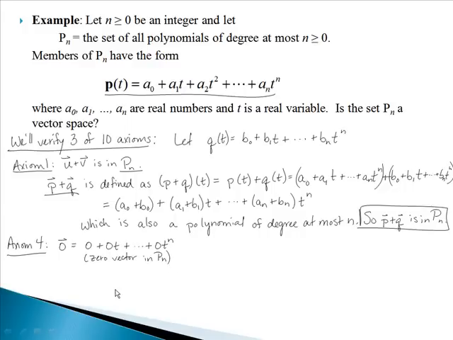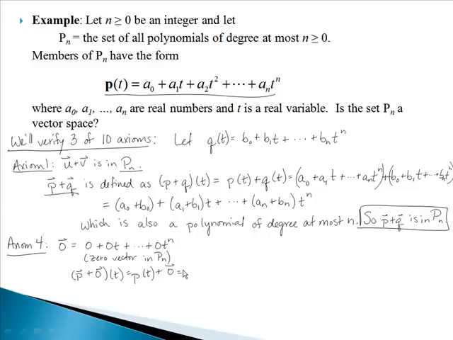So I want to show that when I add that to a vector that's also in the set, that I will end up still having the same vector. So P plus the 0 vector of T will be P of T plus the 0 vector.